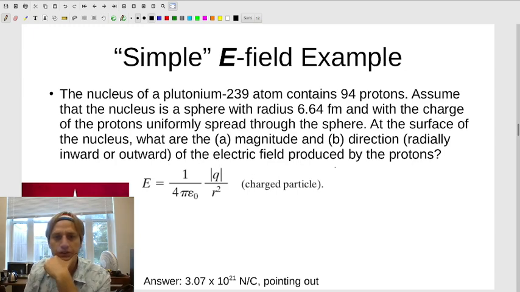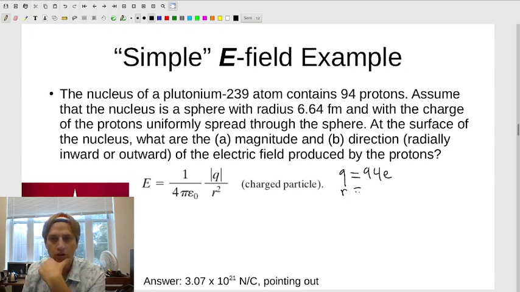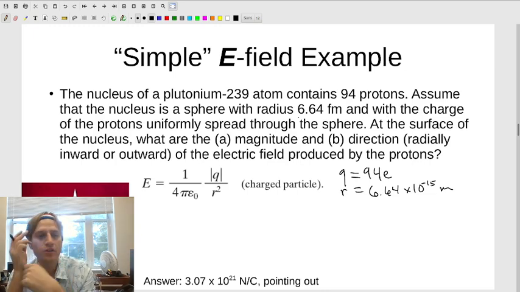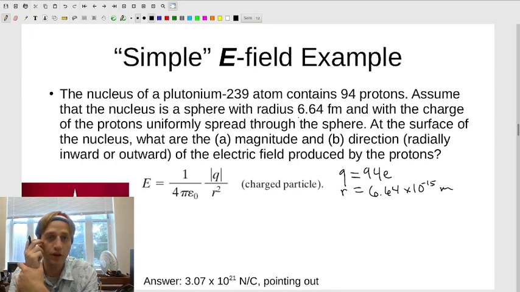That gives us our Q is 94 times e, the fundamental charge. It says that the nucleus is a sphere with radius 6.64 femtometers, so R equals 6.64 times 10 to the minus 15th meters, with the charge of the protons uniformly spread through the sphere. At the surface of the nucleus, what is the magnitude and direction of the electric field produced by the protons?